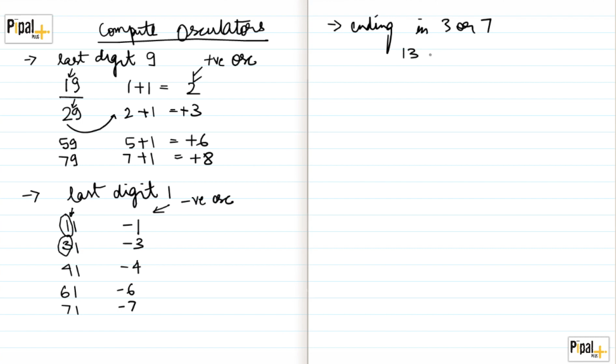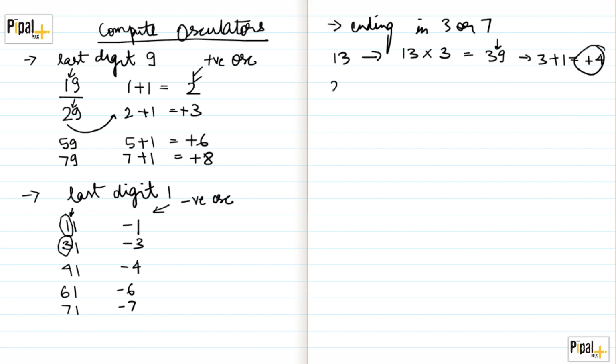So 13 times 3 is 39. So I'm finding the oscillator for 13 by multiplying 13 by 3, which gives me 39. The oscillator for 39 by this method: I remove the 9, I'm left with 3, I add 1 to it, and I get my positive oscillator 4. So 4 is the oscillator for 13.